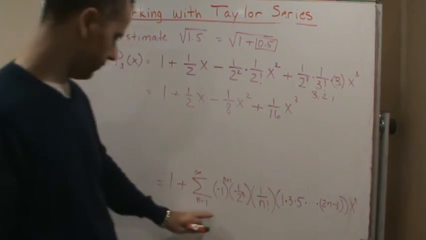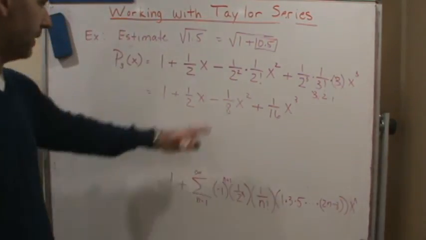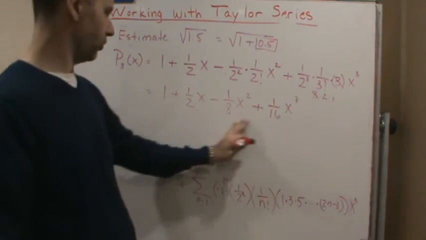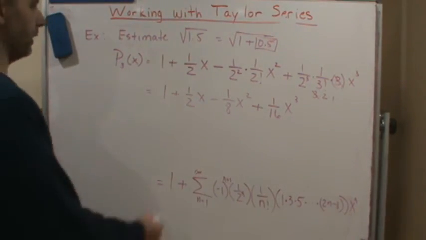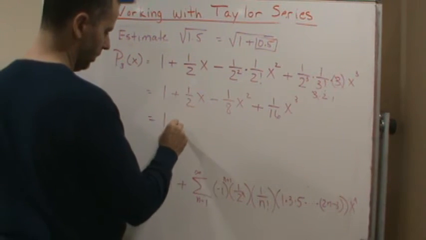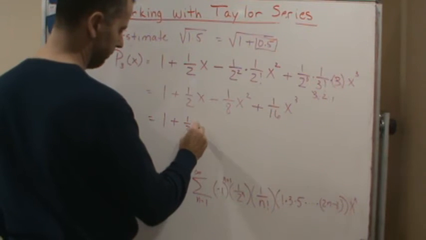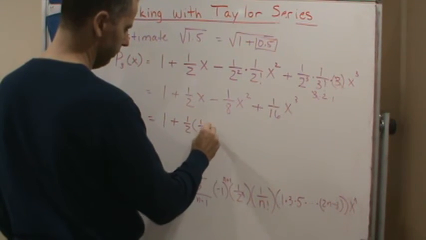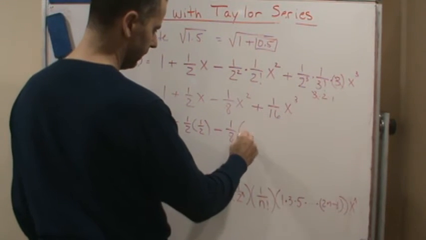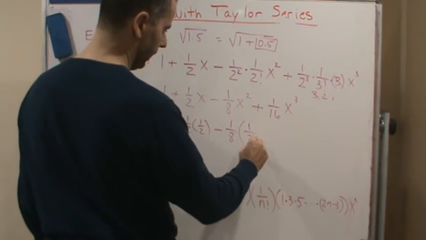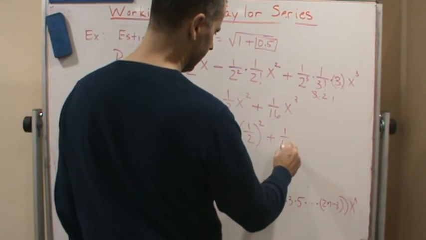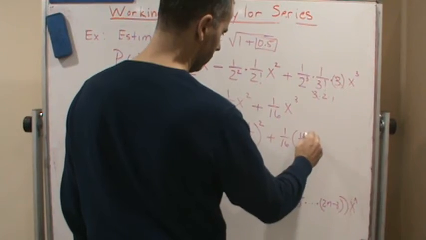Okay, so all I'm doing is following this formula. I got mixed up a little bit trying to do 0.5 in there, so I figured I'd just do it one step at a time. And so now stick in 0.5, and you get 1 plus 1/2 times 1/2, minus 1/8 times 1/2 squared, plus 1/16 times 1/2 cubed.